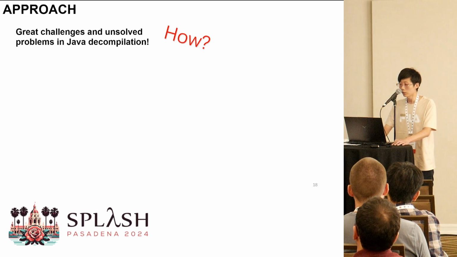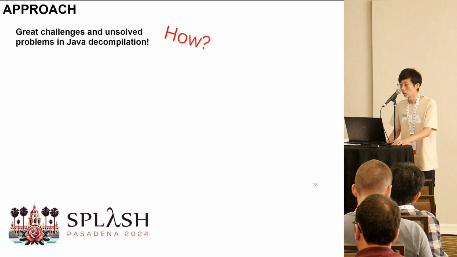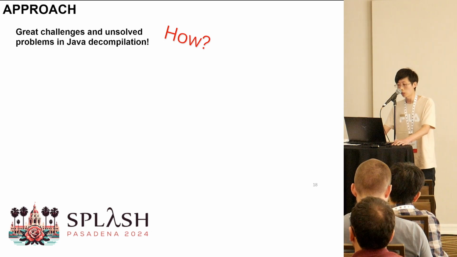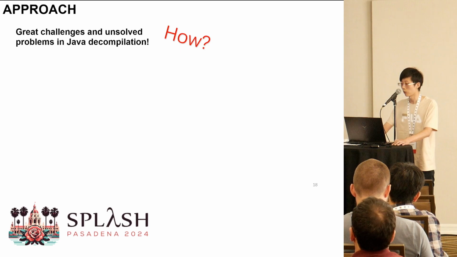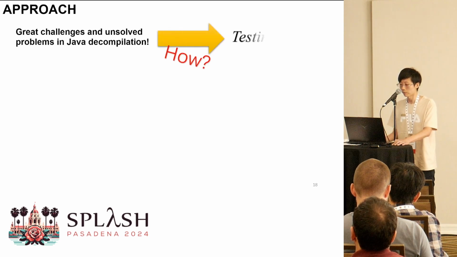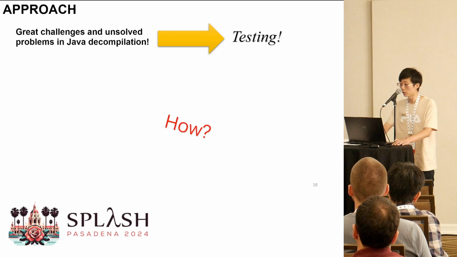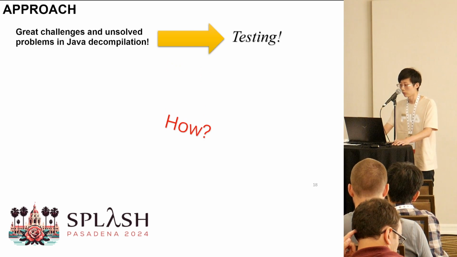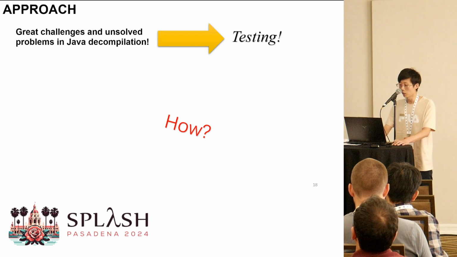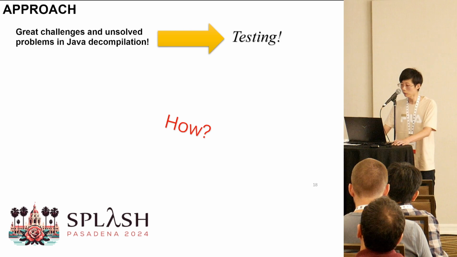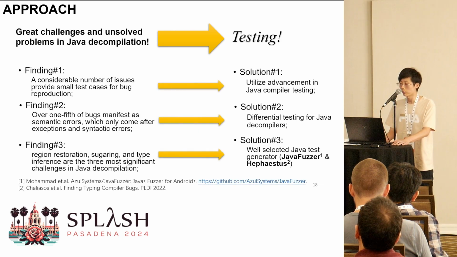This study indicates that there are still quite a number of challenges and bugs in Java decompilation. How can we help developers review these bugs? Testing is the most frequently used and effective method. And how can we test Java decompilers? According to the findings in our study, we can utilize the advancement in Java compiler testing approaches.